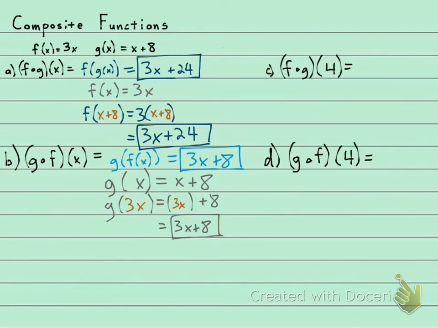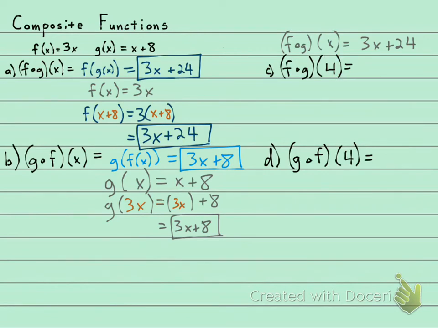So to find over here the f of g of 4, well, first on top I'm going to write what my f of g of x is. The f of g of x is 3x plus 24. And now instead of x, look at what I'm plugging in.